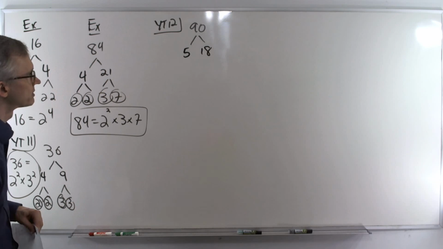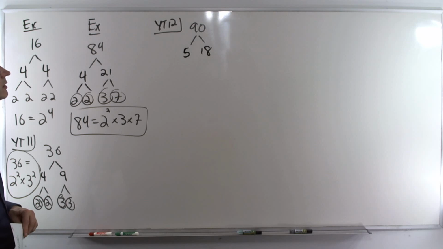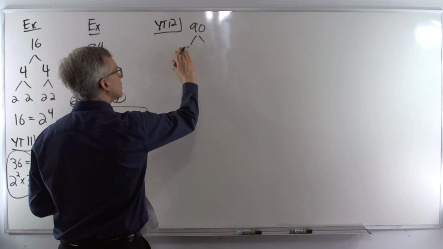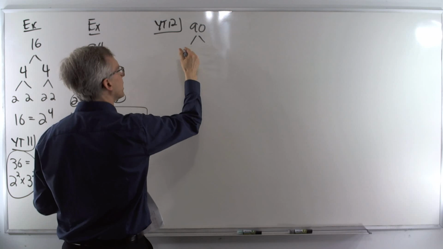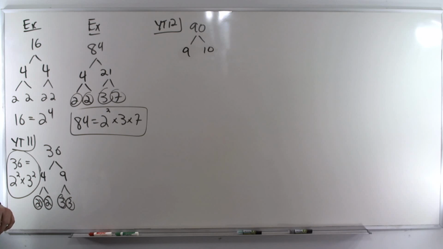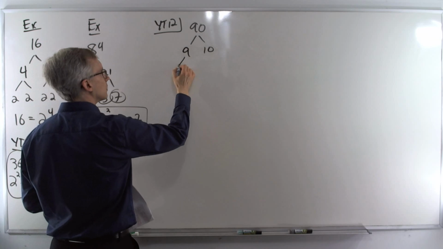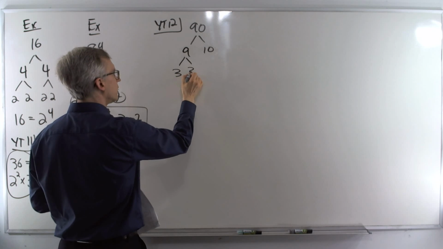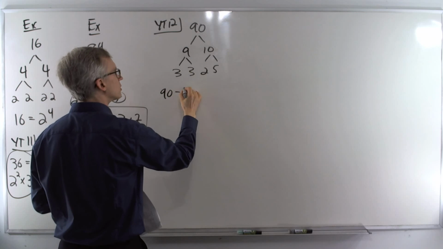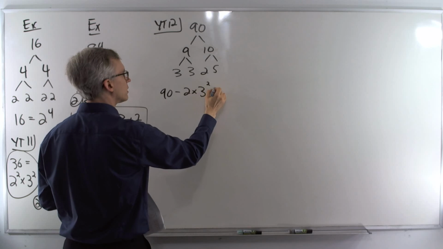I'm going to do 5 times 18. Actually, no, I want to do something different. I'm going to do 9 times 10. That'll make a nice short tree there. And 9 breaks up into 3 and 3, and 10 breaks up into 2 and 5. So 90 equals 2 times 3 squared times 5.